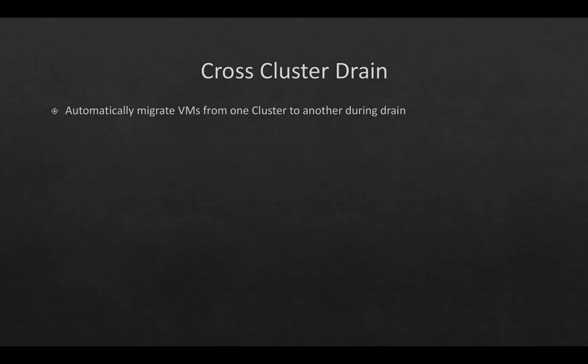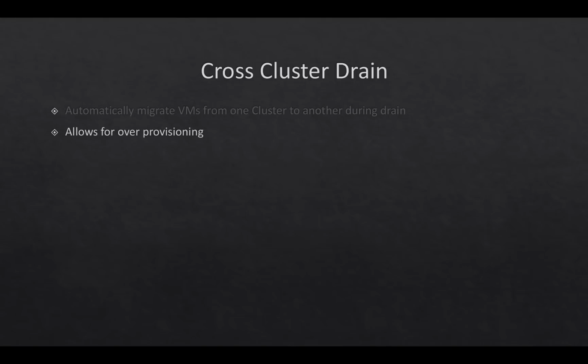And the way that it works is when a drain operation occurs, we will first try and move all the VMs to the same nodes in the same cluster. If there is not enough room to run all of them, we will actually migrate some of those VMs to other clusters.